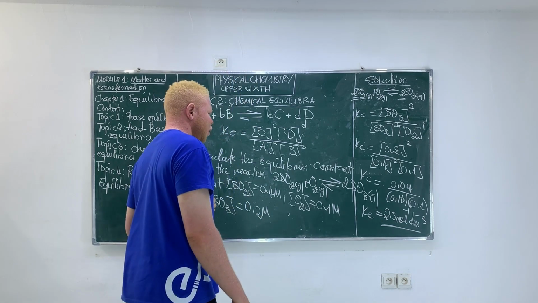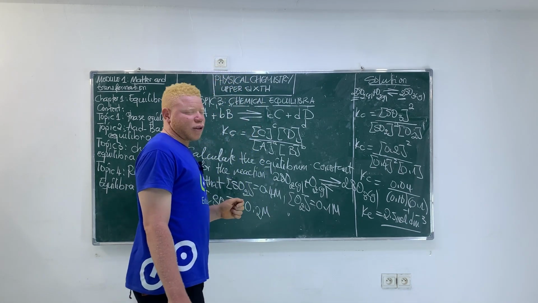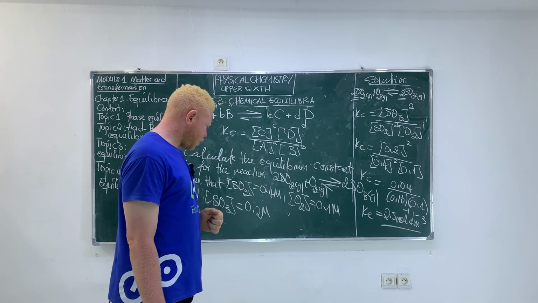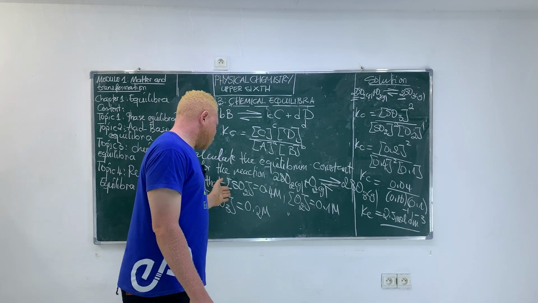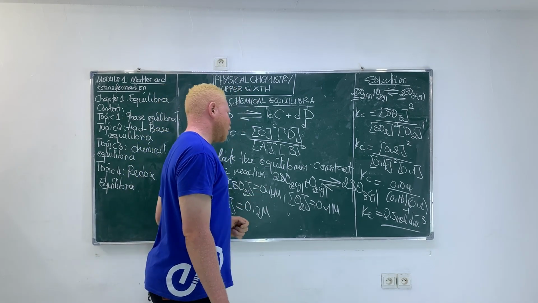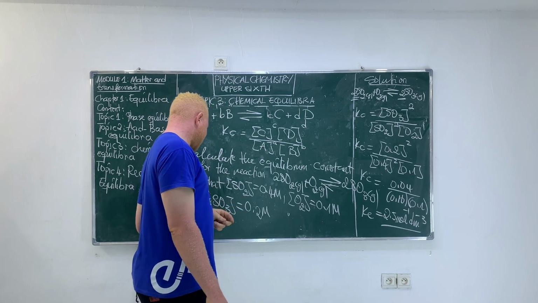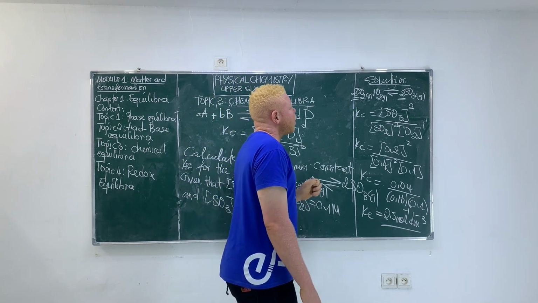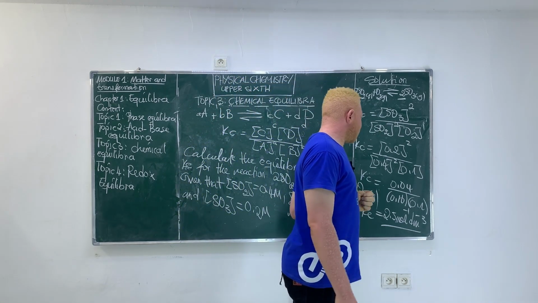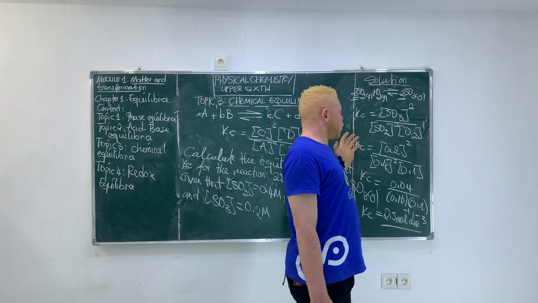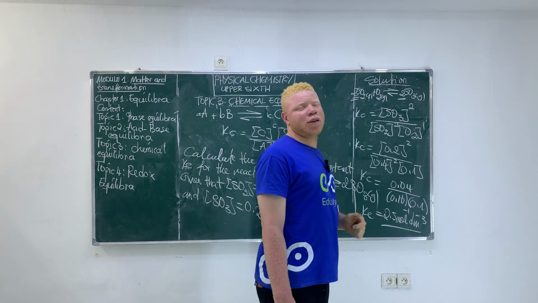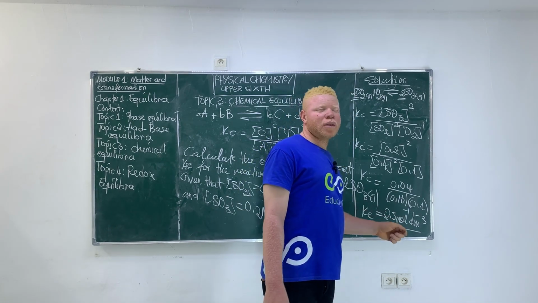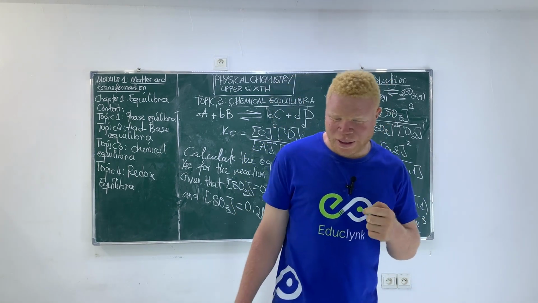The question: calculate the equilibrium constant Kc for the reaction 2SO2 plus O2 reversible reaction giving 2SO3, given the concentrations of SO2 as 0.4 molar, O2 as 0.1 molar, and SO3 as 0.2 molar. We write the expression for Kc, replace the data, and our final answer is 2.5 mole per dm cube.